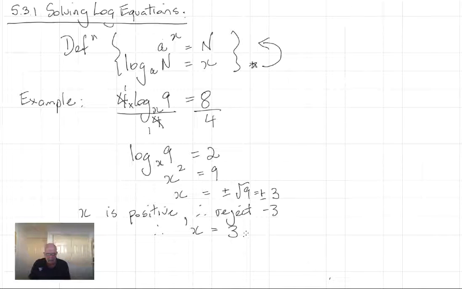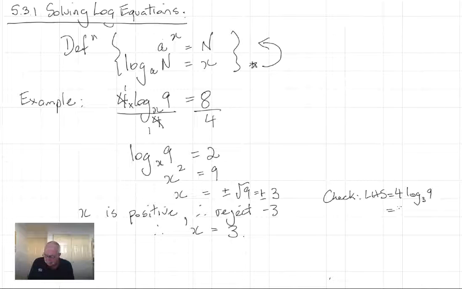And you should always go back and check. The left hand side of my original equation was 4 log to base 3 of 9, now that we're saying x is equal to 3. Forget about the 4 at the moment: what's the power you must raise 3 to get the number 9?